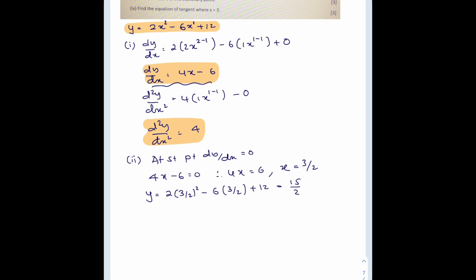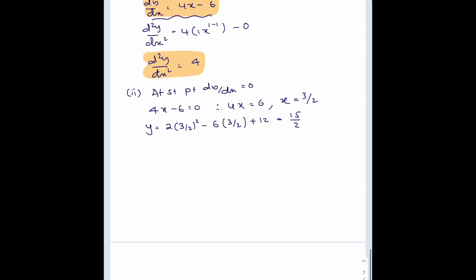Let me cross check again. That's 2 times 3 over 2 squared, minus 6 times 3 over 2, and plus 12, 7.5, which is 15 over 2.